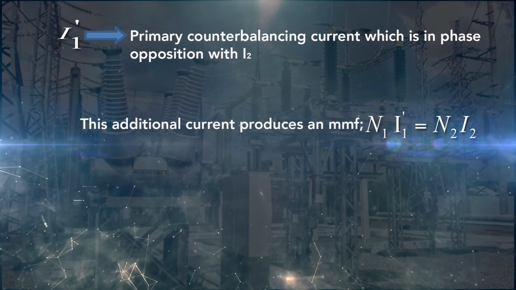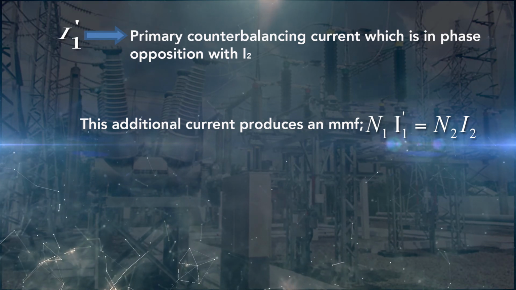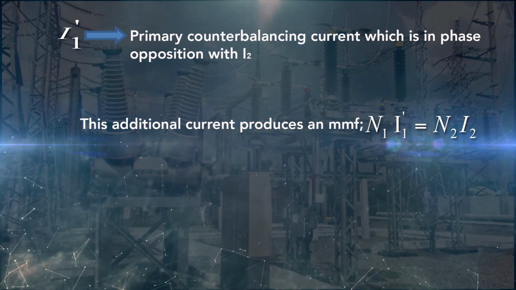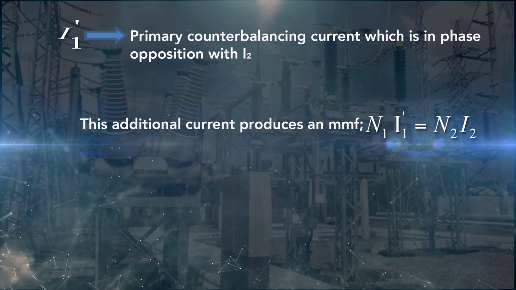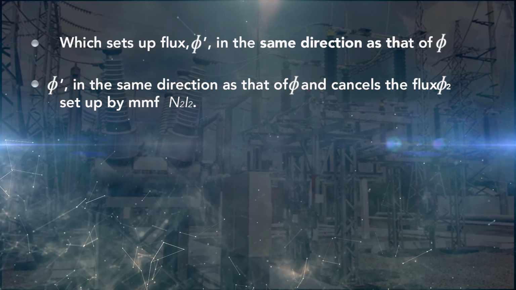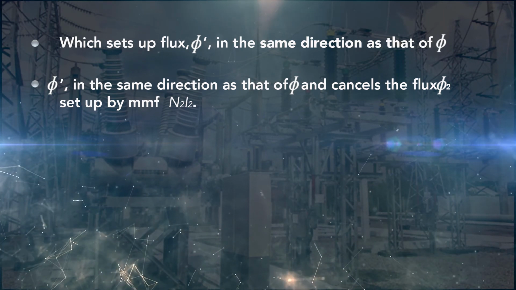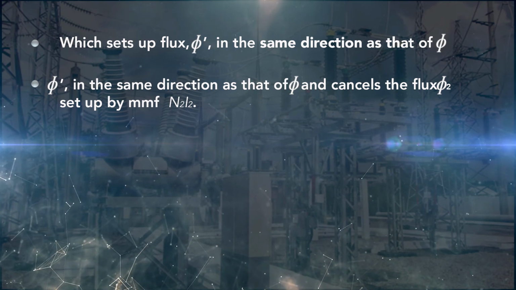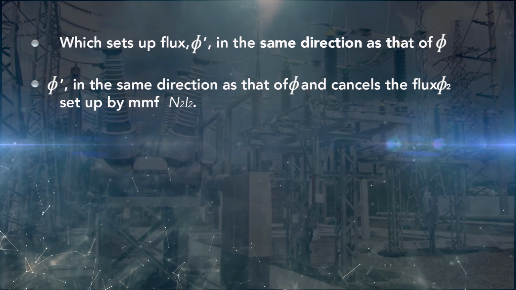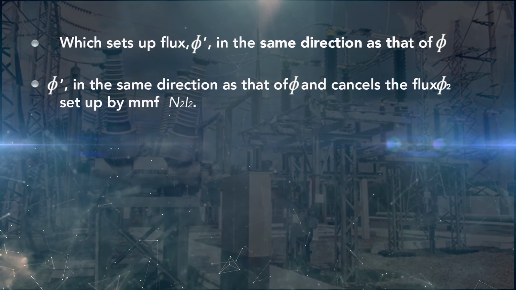This additional current I1 dash produces an MMF, that is N1 into I1 dash, which produces flux just opposite and equal to the flux produced by the secondary winding, that is N2 into I2. This sets up the flux phi dash in the same direction as phi as shown in figure C, and this phi dash cancels the flux phi 2, which is set up by the MMF N2 into I2.